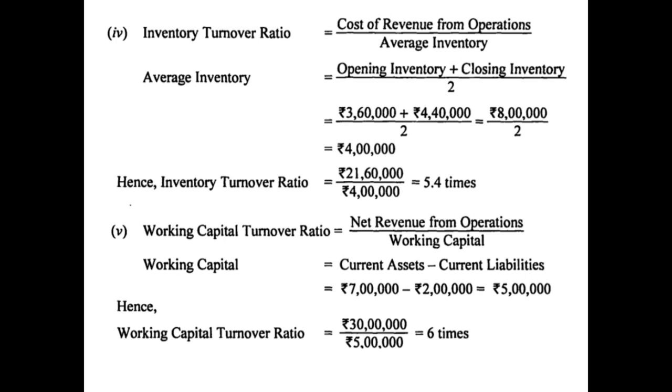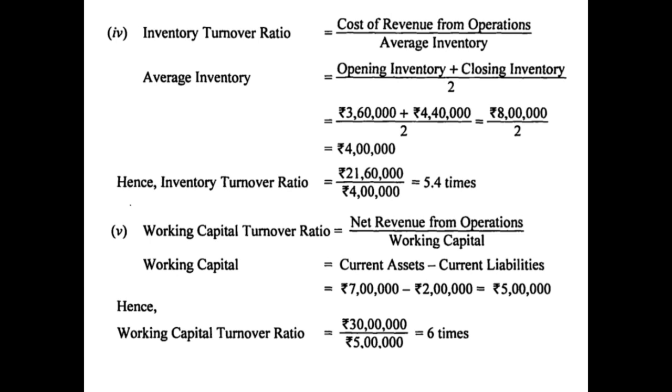Cost of revenue from operations we have already calculated while calculating gross profit as 21,60,000, and average inventory means opening inventory plus closing inventory divided by 2. That means 3,60,000 plus 4,40,000 upon 2, which comes to 8 lakh upon 2. That means your average inventory will be rupees 4 lakh.